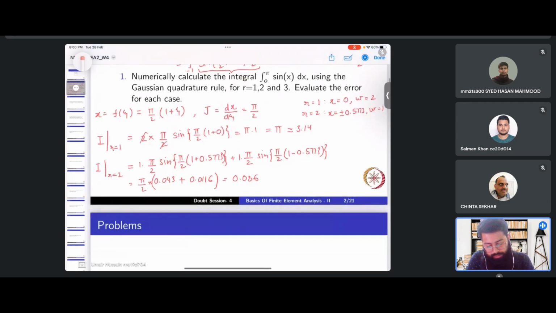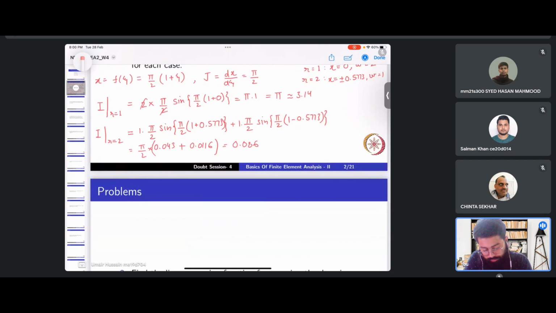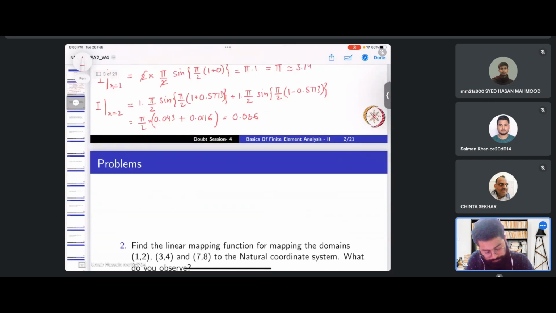You can give it a try with r equals 3 again. Out of space here, I will do it.